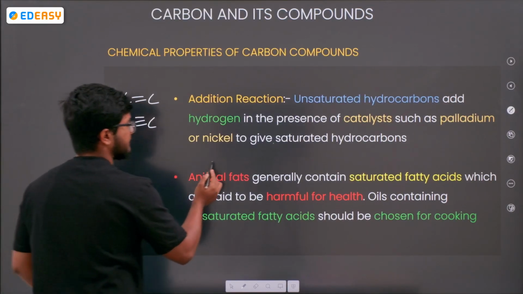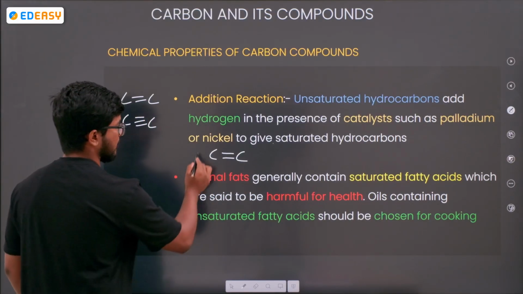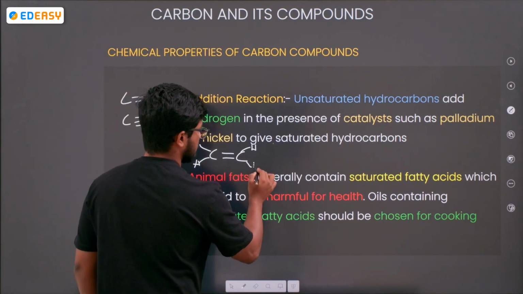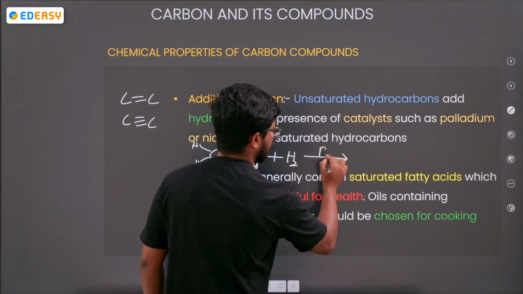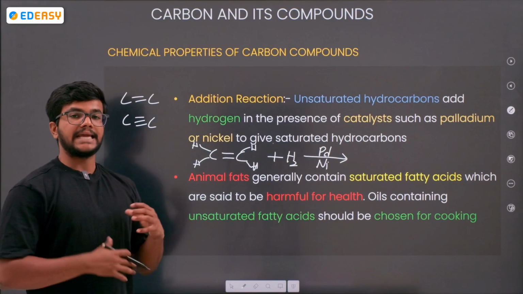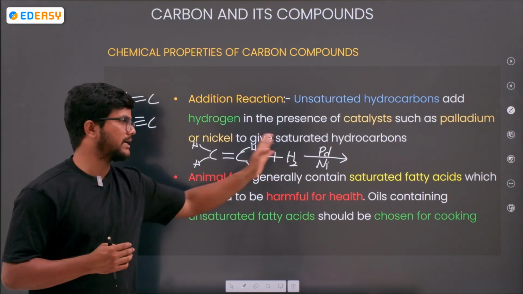Okay, so let me take one example. Carbon-carbon double bond with two hydrogens, on addition of hydrogen in the presence of palladium. Palladium is a catalyst. Catalysts are nothing but substances which enhance the rate, the speed of the reaction, but do not participate in the reaction.